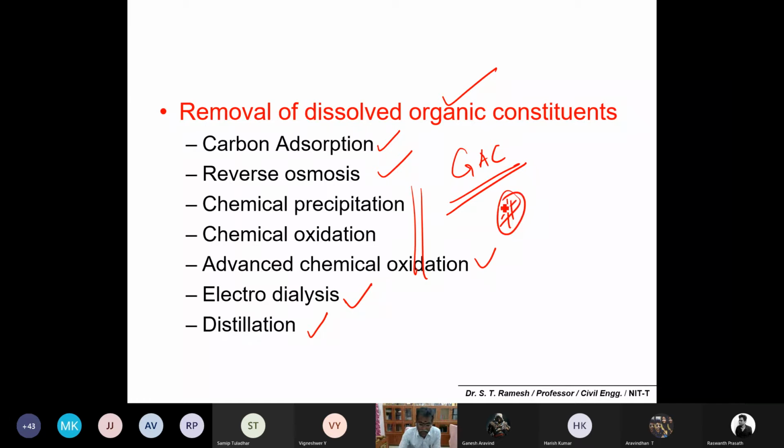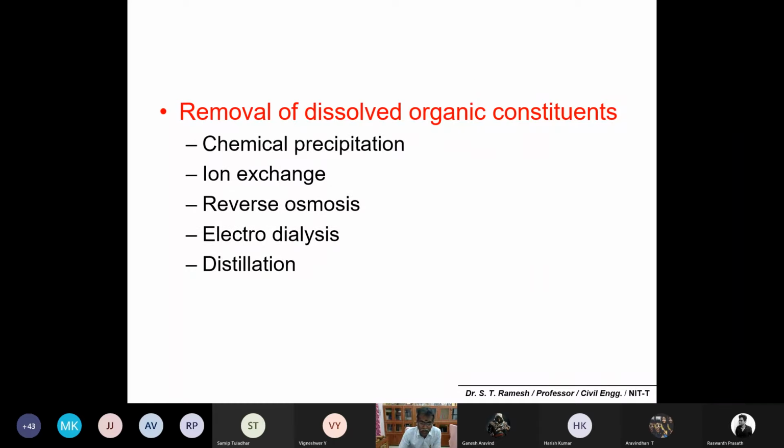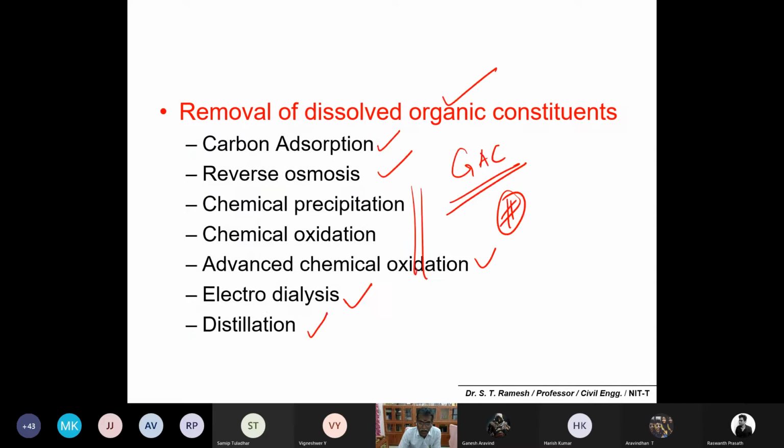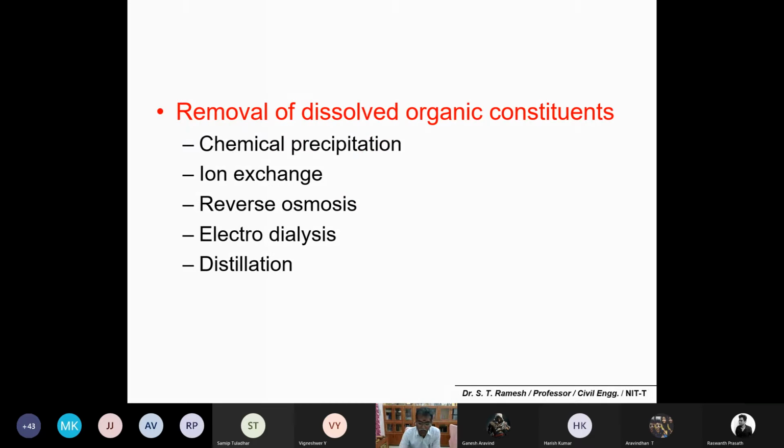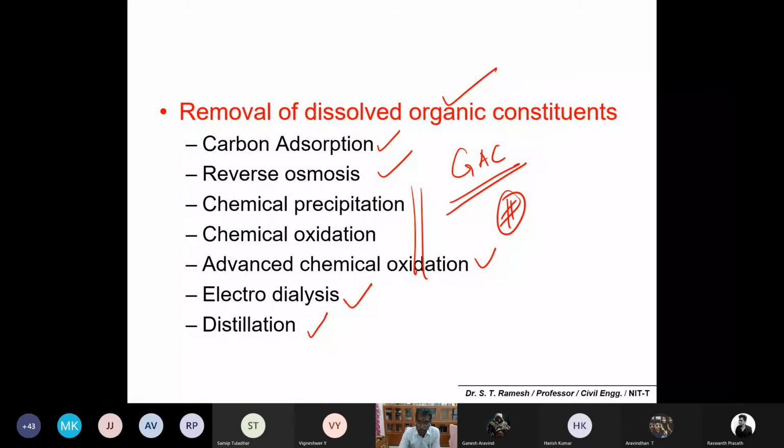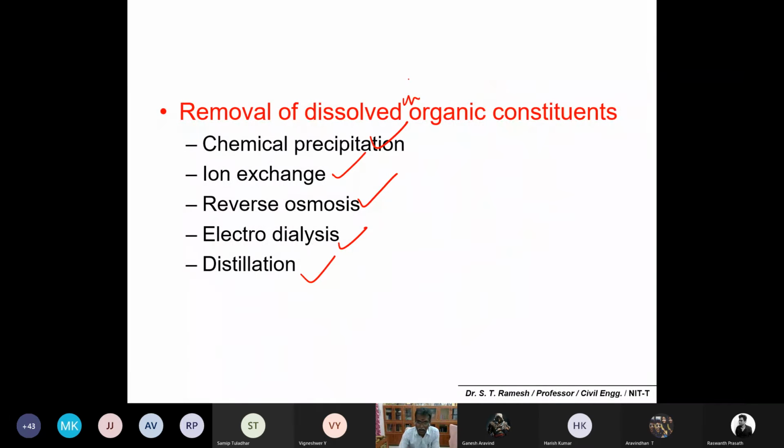So use some technology where you can convert or remove all dissolved organic constituents. And for dissolved inorganic constituents, you can use ion exchange, reverse osmosis, dialysis, distillation, and chemical precipitation. Please make a note on how to remove dissolved organic constituents and dissolved inorganic constituents.